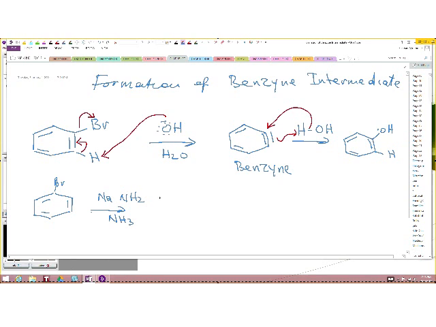Sodium amide also is capable of forming the benzyne. Let me be consistent here. Form the benzyne as an intermediate.